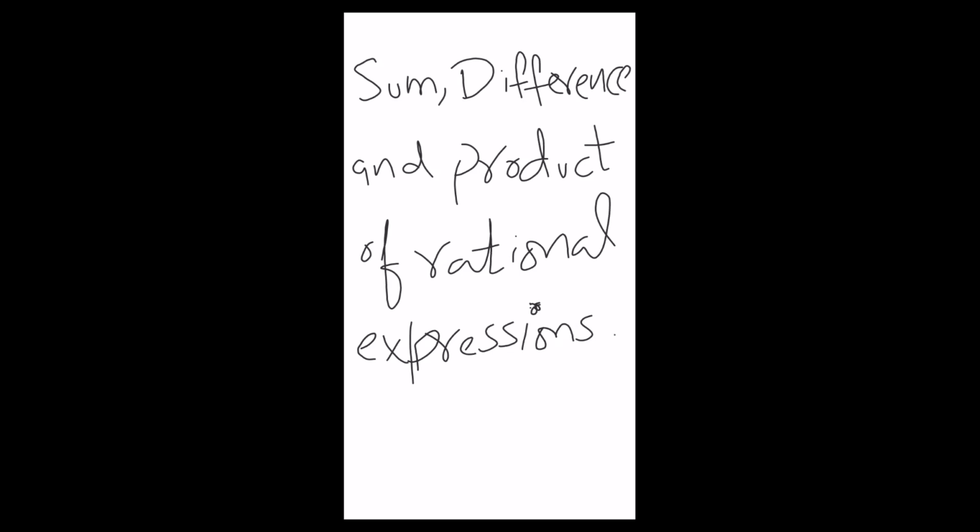That's today's topic. So now they are not saying any kind of simplifying the term or lowering the term to lowest form, just like the case of polynomial. So what we have to do is find the sum, difference, and product of rational expressions by finding out their LCM or HCF.